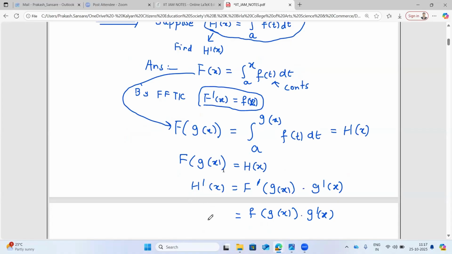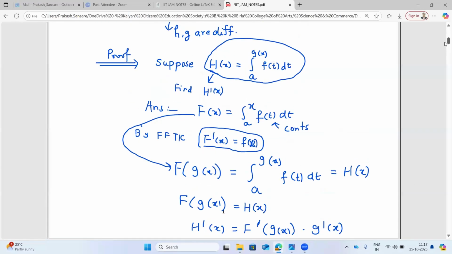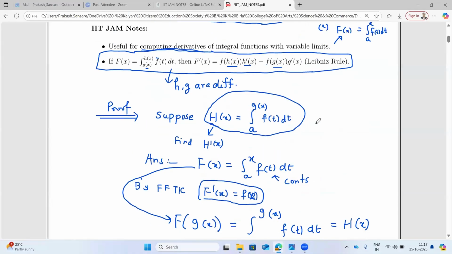So what I got, h'(x) is basically f(g(x)) into g'(x). So it's very clear that if my h(x) is of this form, then my h'(x) is straight away f(g(x)) into g'(x).